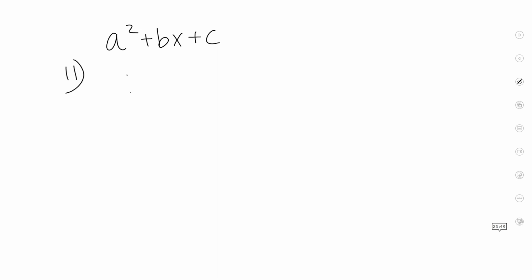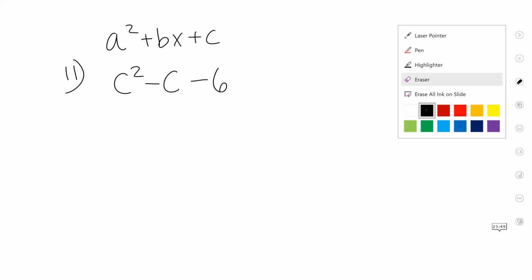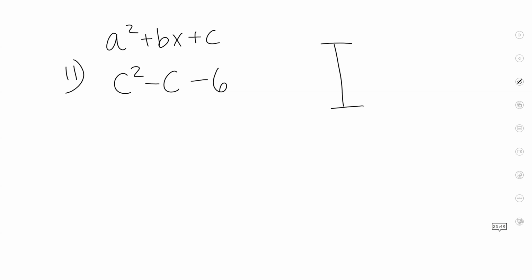Okay, we have c squared minus c minus 6. Whenever you have one like this, can all of these be divided by something besides 1? This doesn't have a c though. So there's nothing they can all be divided by. So we can just go straight to thinking of two numbers that multiply to give me -6, but combine to give me -1.